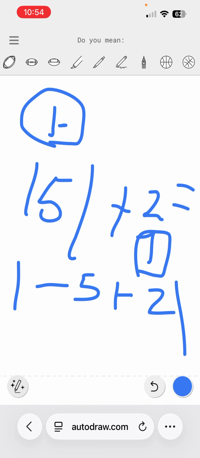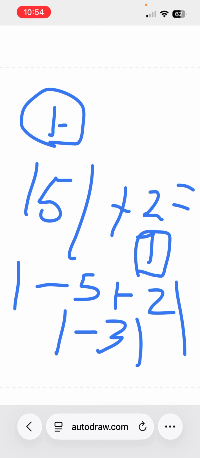So really, we're subtracting 5 minus 2 here, which gives us 3, and then it's negative because 5 is greater than 2, and 5 is a negative number. So the answer to this is -3.